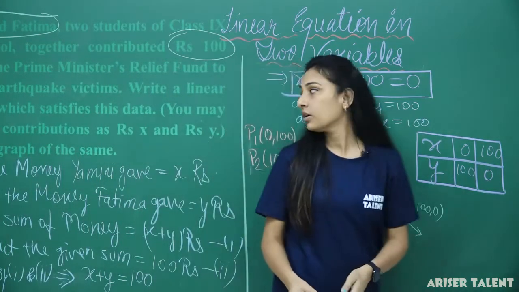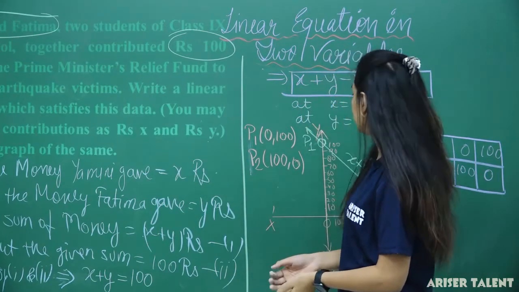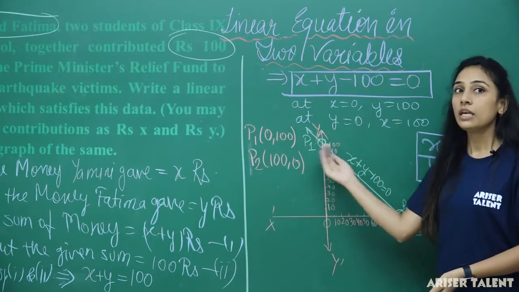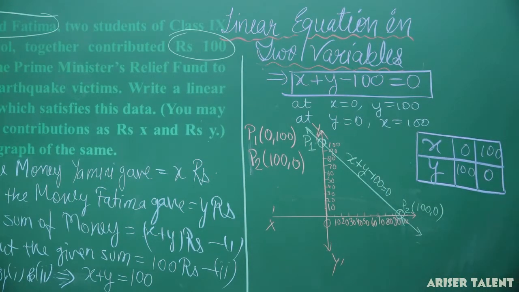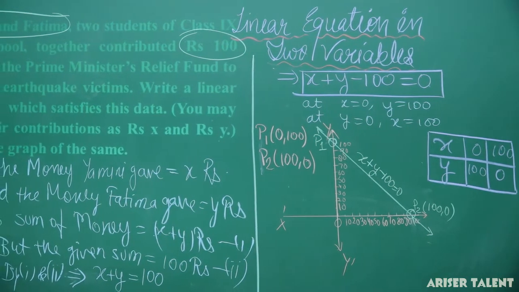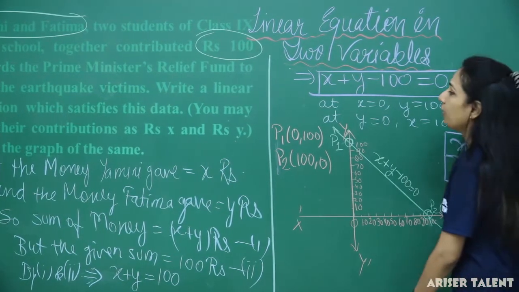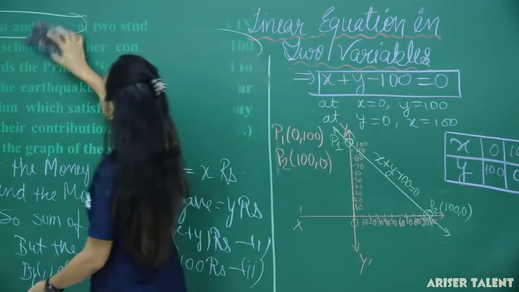So this is the graph. We have drawn the graph. So this is your graph and these are the calculations. Just write it down so that we can move towards the next question. Okay, noted.